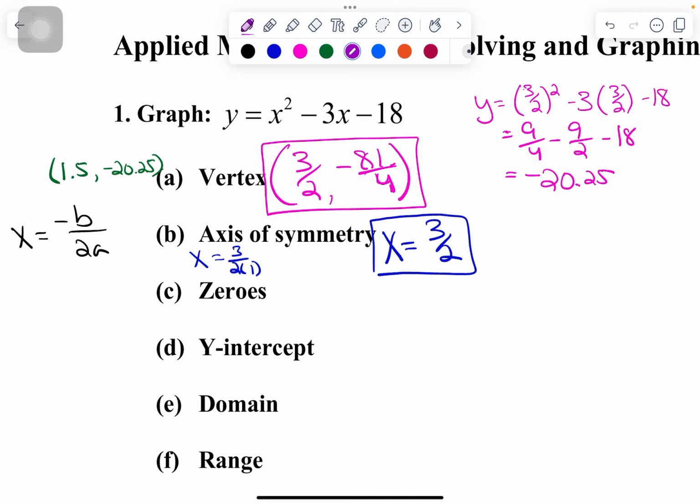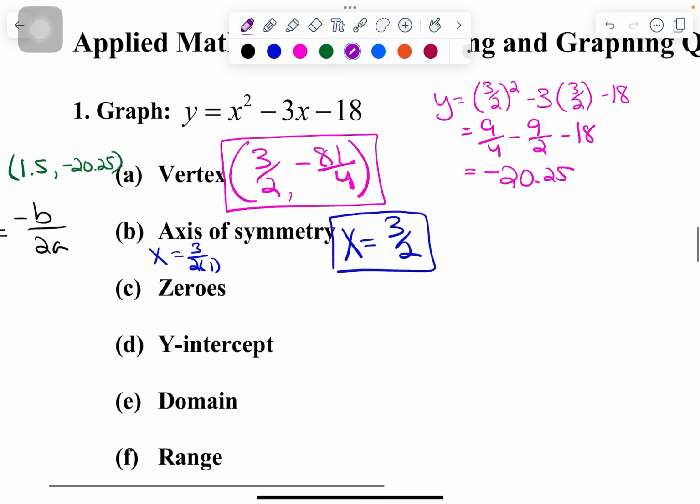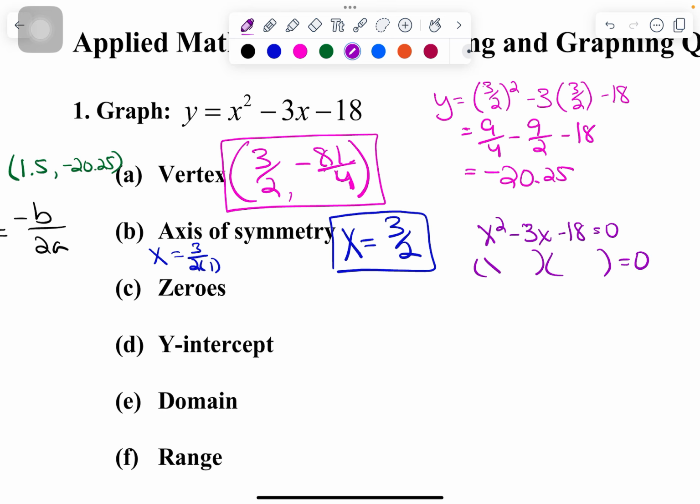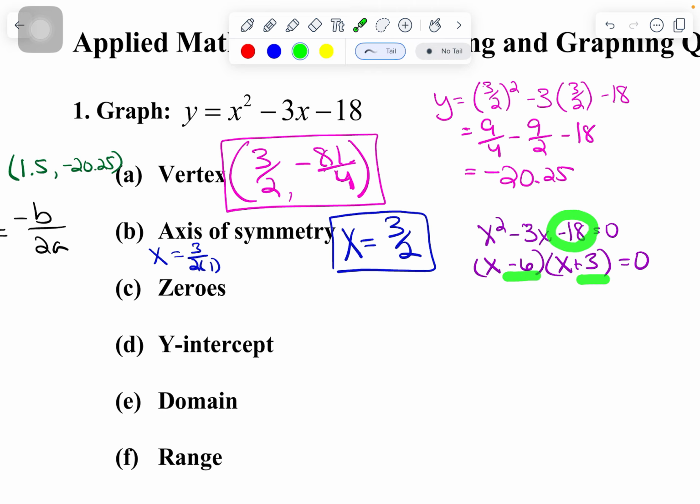Let's talk zeros. To find the zeros, we're going to set the function equal to 0. So x squared minus 3x minus 18 equals 0. I believe this is factorable, because if it's not factorable, then we're going to have to do the quadratic formula. Let's see, 6 and 3. Quick double check: negative 6 times 3 is negative 18, and negative 6 plus 3 is negative 3.